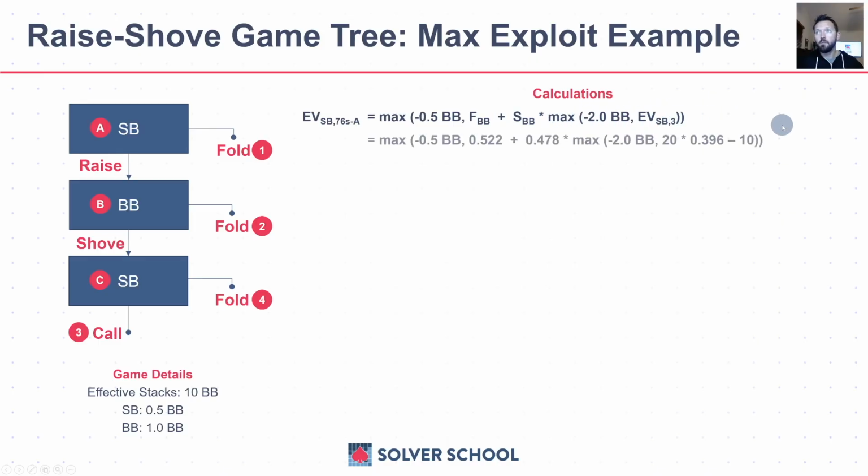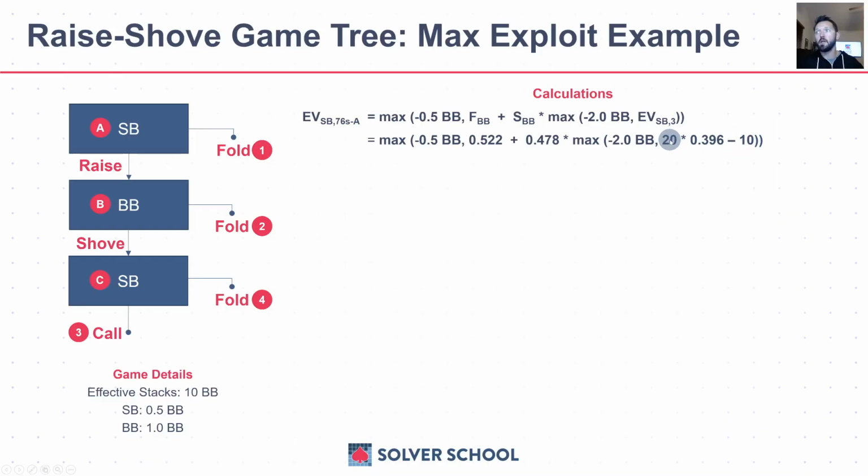We know some values here, so we're going to plug in the values that we already know. We know the big blind is going to fold 52.2% of the time to this raise, and the big blind is going to shove 47.8% of the time. We also know the formula for the expectation of the small blind at 0.3 is equal to the pot size times our overall equity minus the amount we've invested.